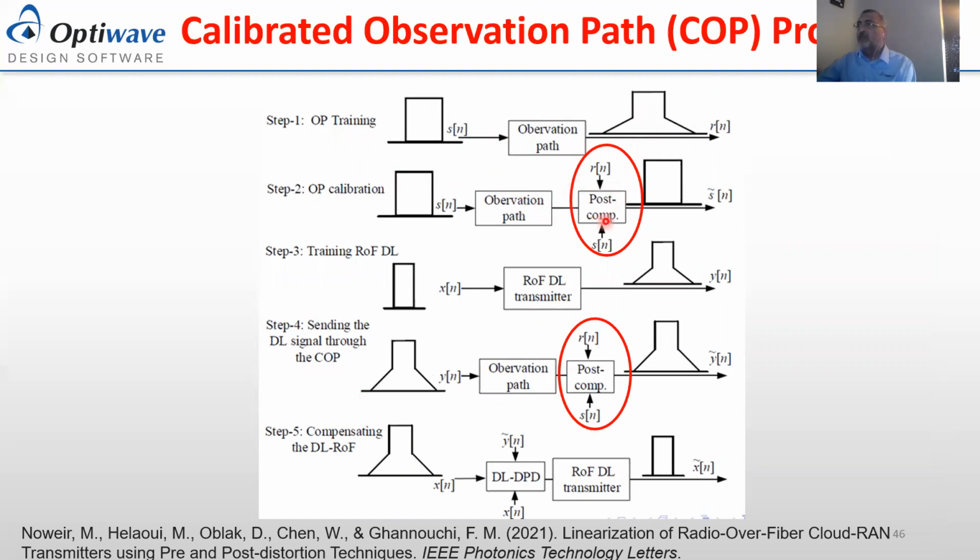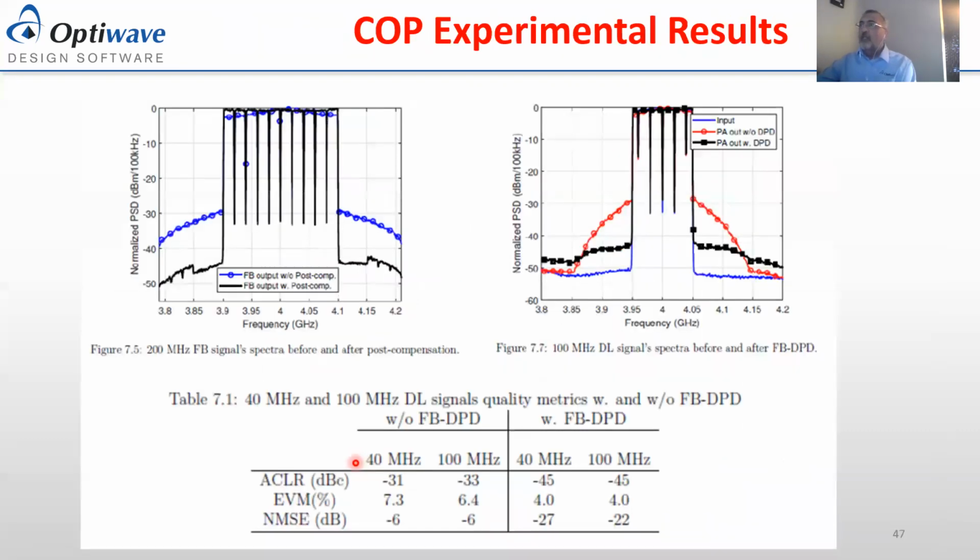Once you apply post distortion, you get it back, and the parameters are used for the downlink signal as well. This feedback signal is used to calibrate the signal transmitted over the radio over fiber with the downlink data.